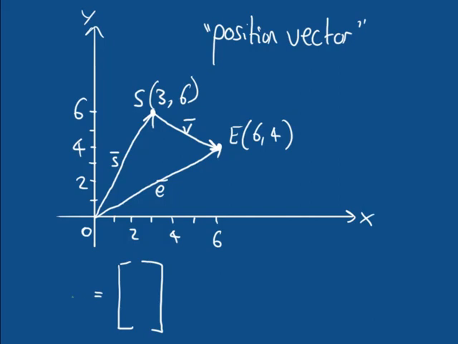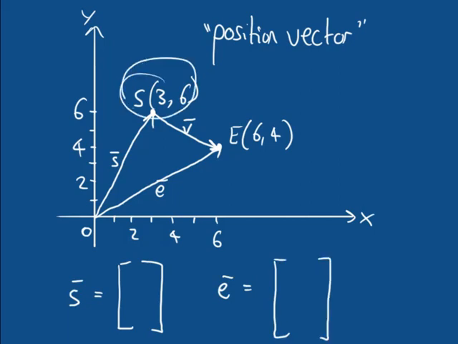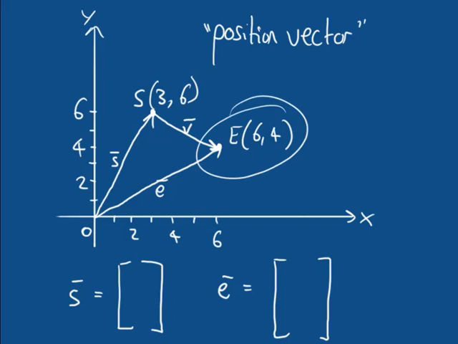Both of these are position vectors, which means we know they start at the origin, and that also means we can easily find the components of both of these vectors, because if it starts at the origin, then the components give us the endpoint of the vector, which is exactly how we're defining these vectors.